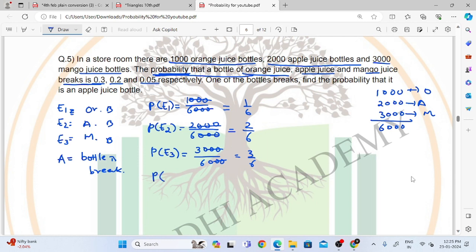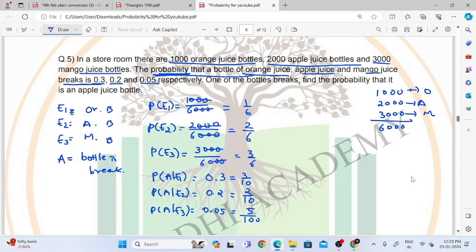That means P of A given E1, P of A given E2 and P of A given E3 are given. 0.3 we can write as 3 upon 10, 0.2 as 2 upon 10, and 0.05 is 5 upon 100, because there are 2 digits after the decimal.